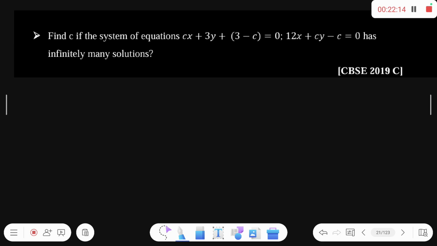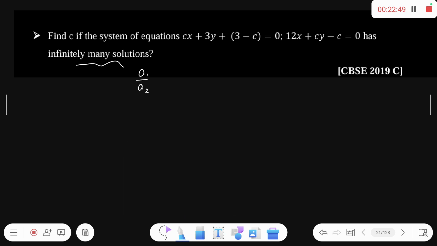Next, find the value of c if the system of equations has infinitely many solutions. First we have to find c and then we have to check whether it has a unique solution or infinitely many solutions. If it has infinitely many solutions, then find the value of c. We know that if it has infinitely many solutions, then the ratios of all the coefficients are equal.